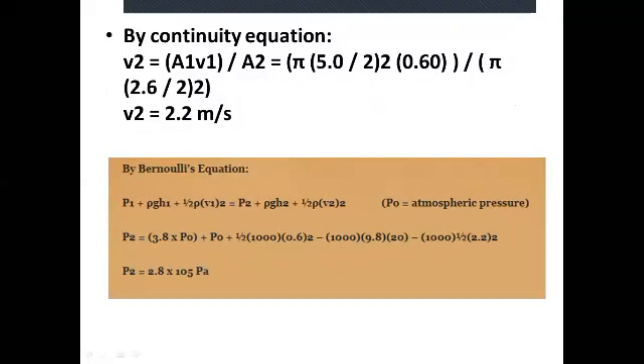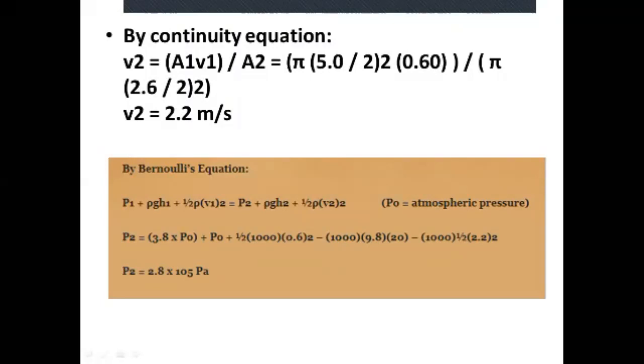For the first part, getting the velocity, we can use the equation of continuity: A1 V1 equals A2 V2. Making V2 the subject, you can supply the values and get a velocity of 2.2 meters per second. Then we insert this velocity in Bernoulli's equation, which you can see over here. We have already gotten the value of V2 and now we are looking for pressure 2.